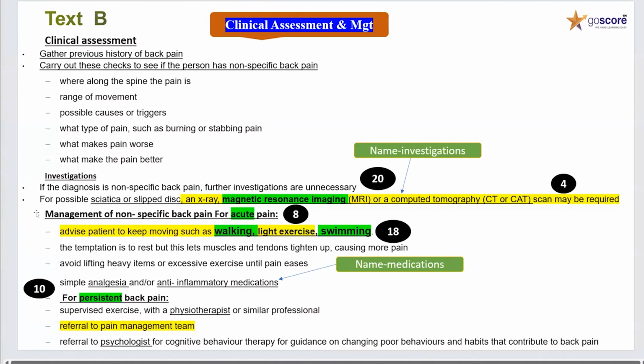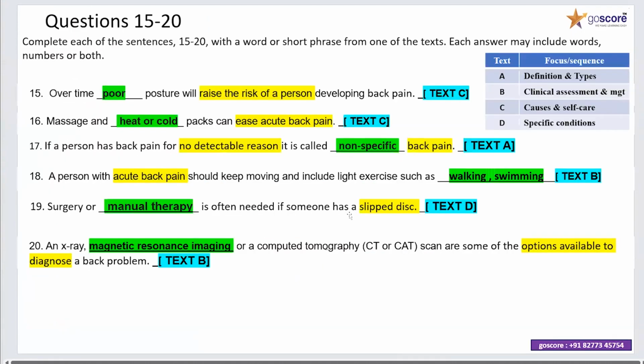Then the 19th one. Surgery or dash is often needed if someone has a slipped disc. So slipped disc is a specific condition we have read in text D, right? So you have to move there and search for the answer. Surgery or something else is often needed if someone has a slipped disc.